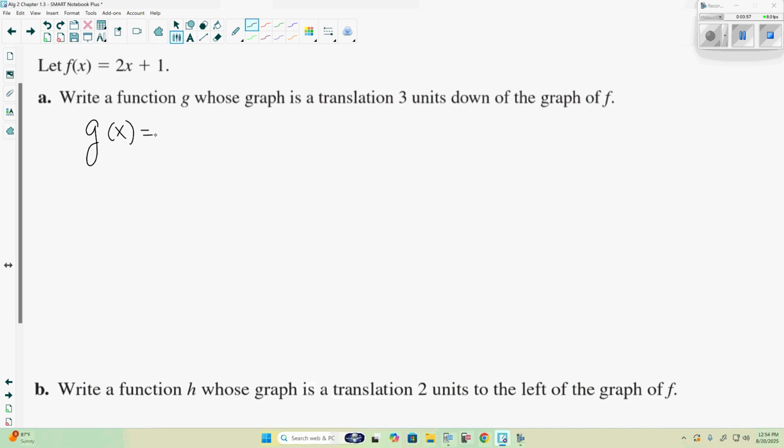So I'm going to write it out in the general form. g of x equals f of x plus k. We use f of x because that's the starting function, the one we're applying this to. And k is the amount that we move it up or down. Now for us here, what's our value of k going to be?